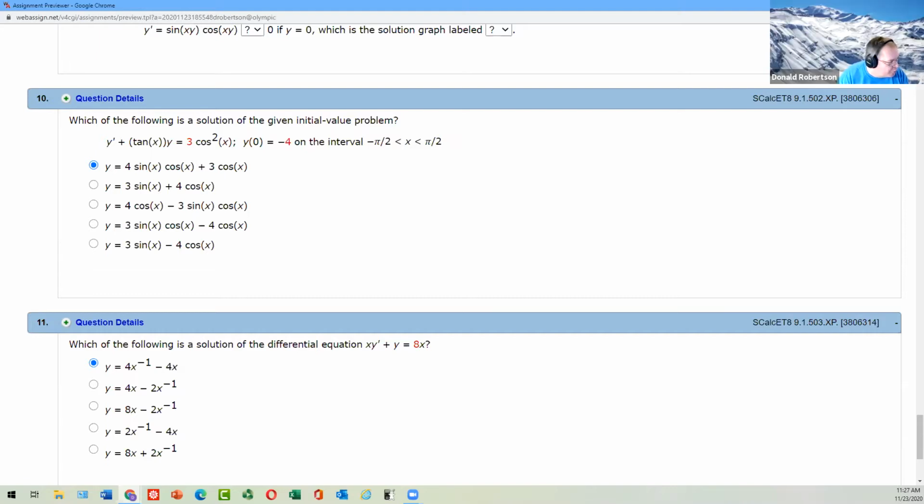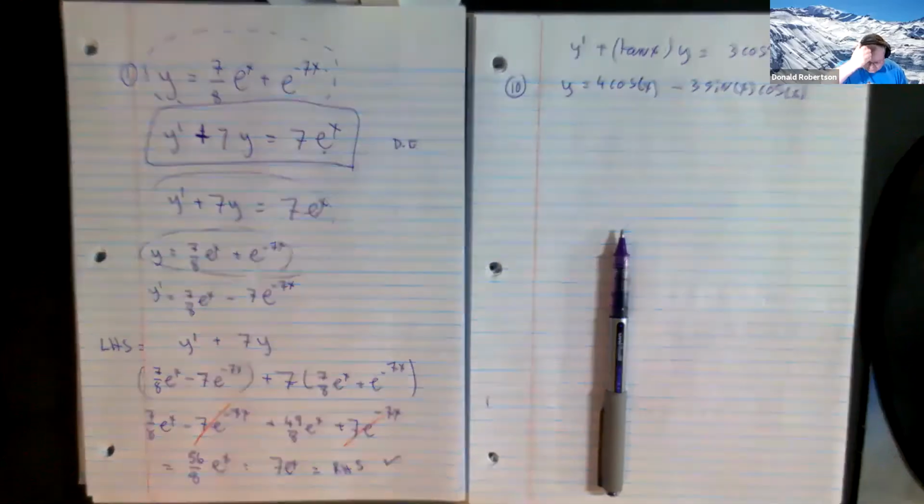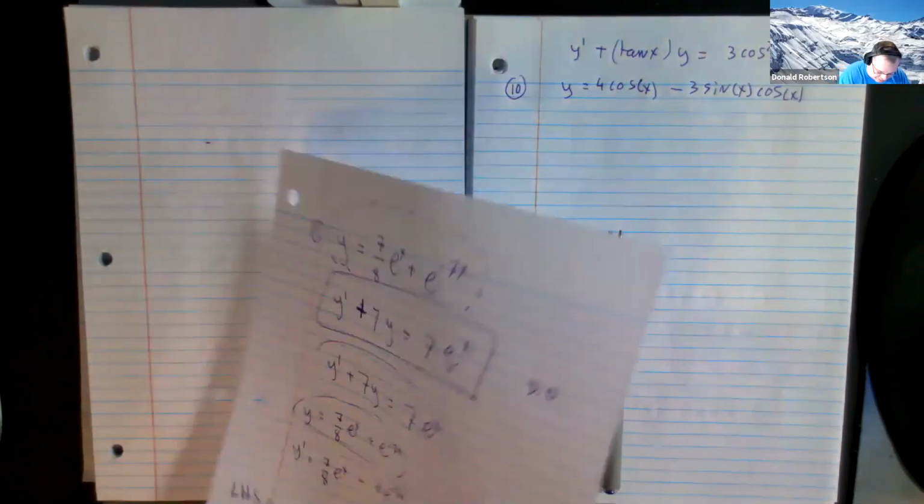Not yet, but you will in a second. y dashed plus the tan of x times y should equal 3 cos squared x. Okay, let's stop sharing. I was basically just getting the question set up, so there we go. Put that out of the way.